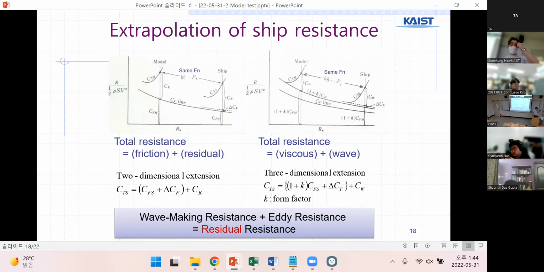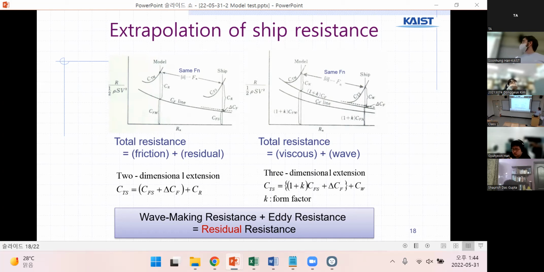Extrapolation of ship resistance. This is a graphical representation of the frictional resistance coefficient here on the vertical axis, and on the horizontal axis, we have the Reynolds number. Here we have the CF line, which is the frictional coefficient. Here, this is the number for the model, and here it is for the real ship.